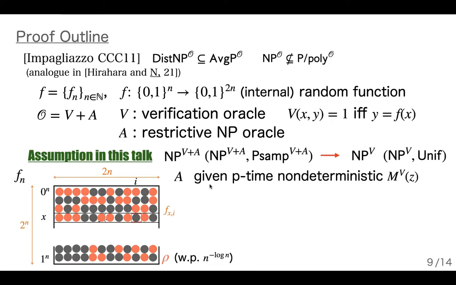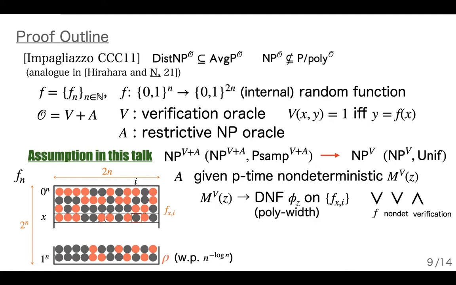For a given polynomial-time non-deterministic computation, especially a non-deterministic oracle machine M and input z, A regards this non-deterministic computation as a poly-width DNF on these variables, by regarding the outer logical OR as all possibilities of F and non-determinism of M. Then A applies the random restriction to this given DNF.